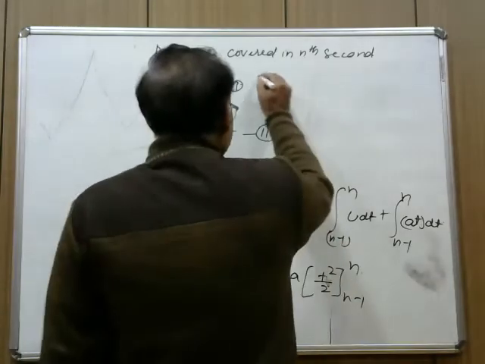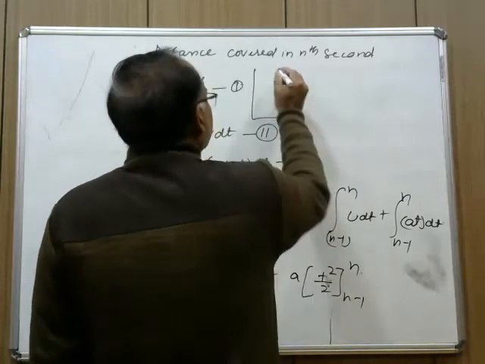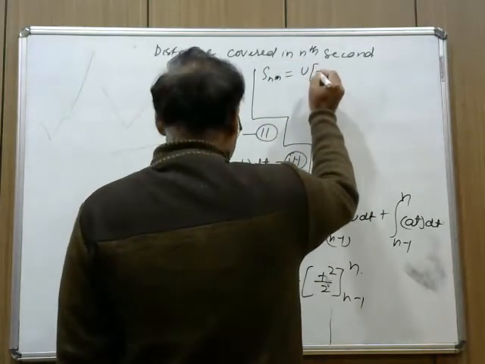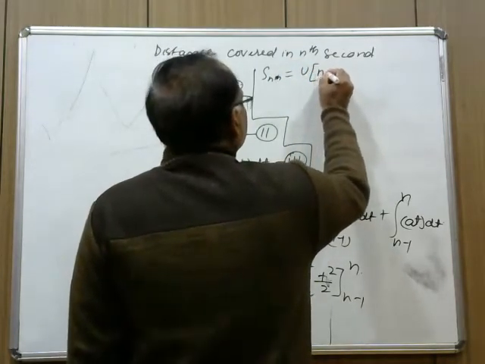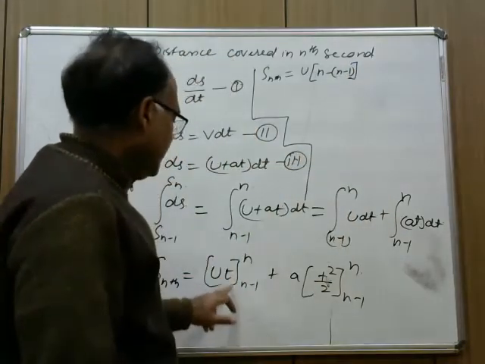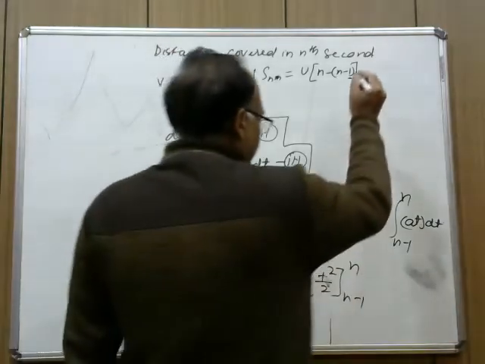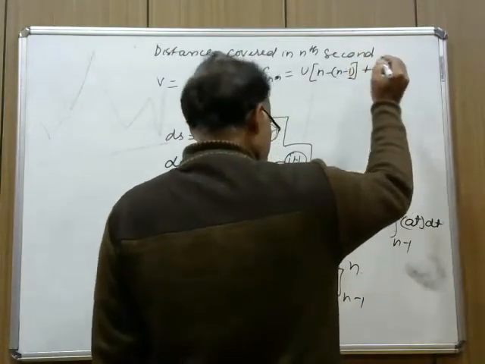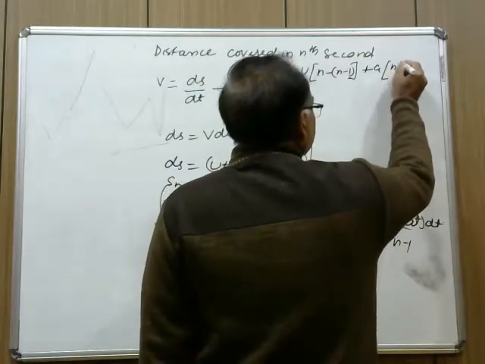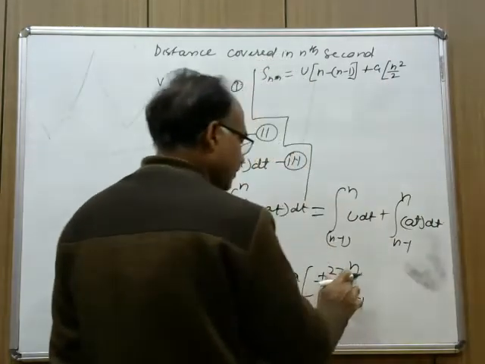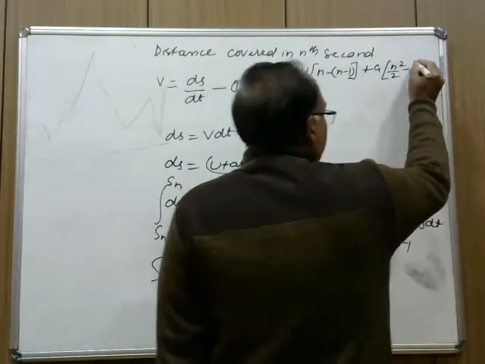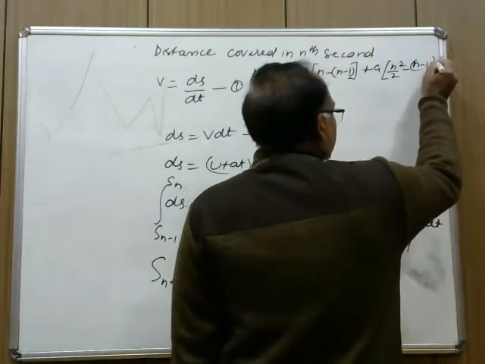The displacement in the nth second is equal to u in bracket n minus 1, plus a times n square by 2 minus n minus 1 whole square by 2.